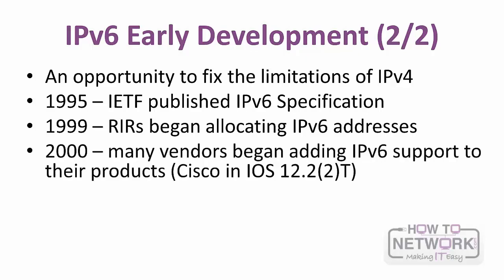In 2000, many vendors began adding IPv6 support to their mainstream products. Cisco Systems added IPv6 support with Cisco IOS software release 12.2.2T. Linux vendors started supporting IPv6 in 2000, and Microsoft announced IPv6 support with Windows XP in 2001.